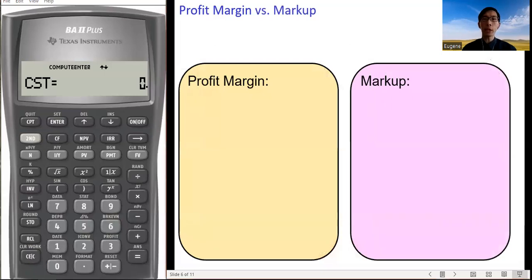Let's consider another concept, the markup. For the profit margin, it is defined as the difference between the selling price and the cost, expressed as a percentage of the selling price.